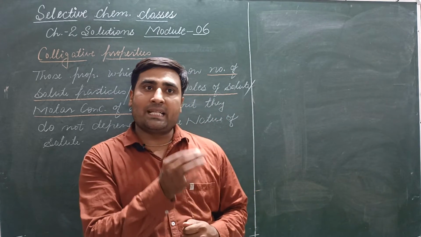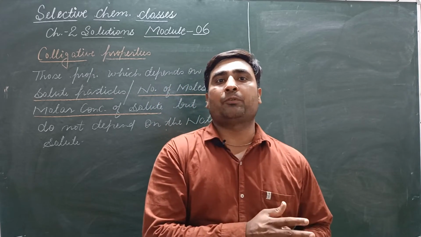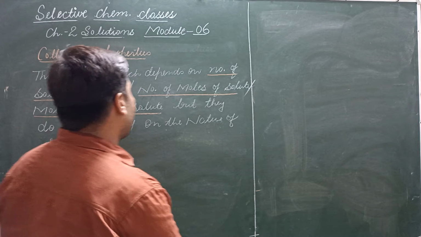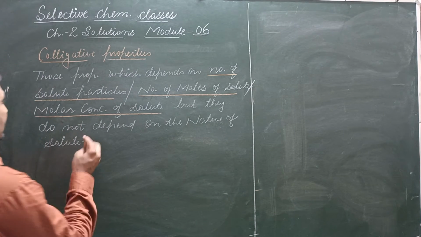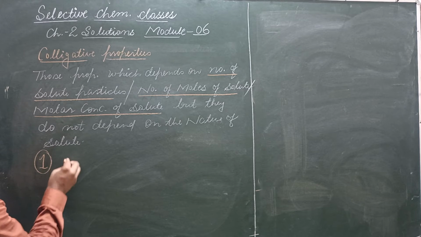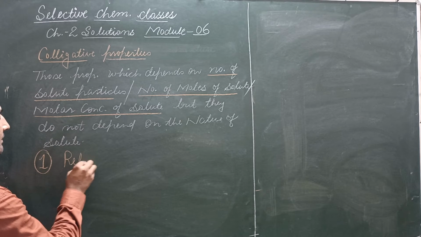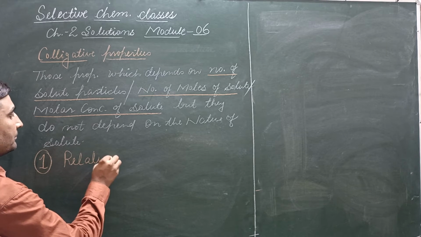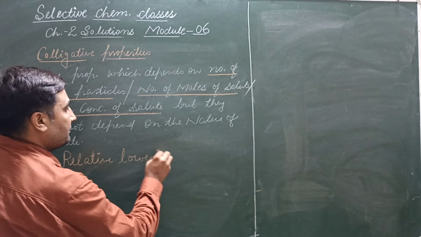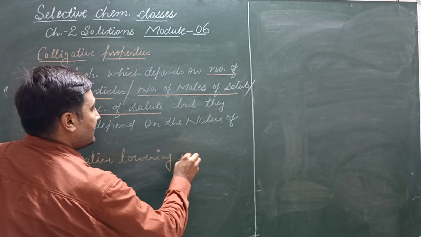All these properties concern solutions. Let's take them one by one. Today we are going to start with the first colligative property, that is relative lowering in vapor pressure.